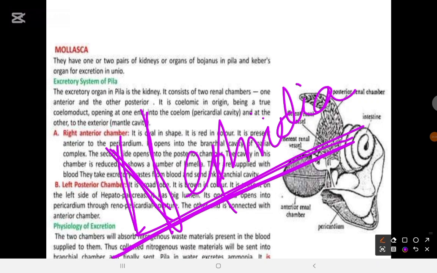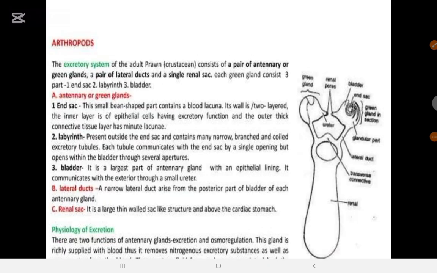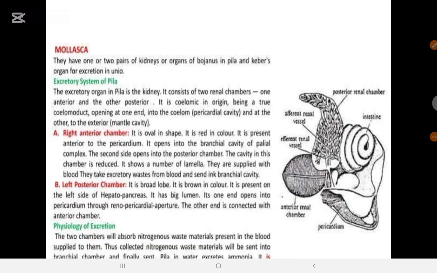Basically, let's go through this slide. So we have the mollusks. They have one or two pairs of kidneys or organs of Bojanus of Pila. Now, so this is one of the genus. Is that okay? Bojanus.